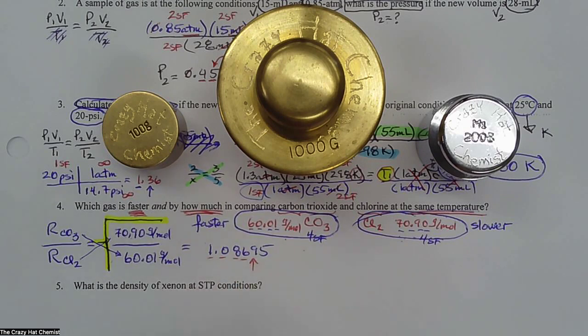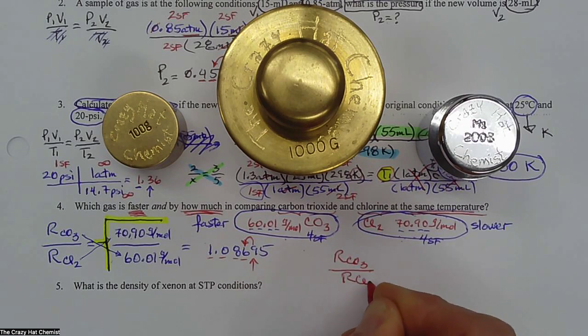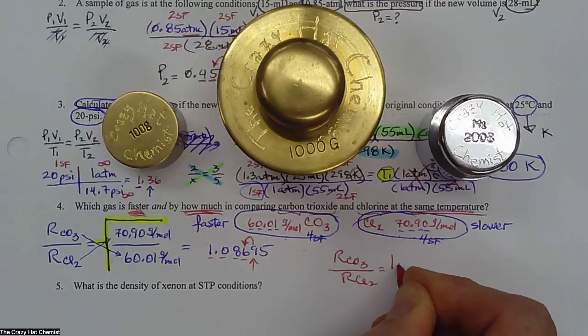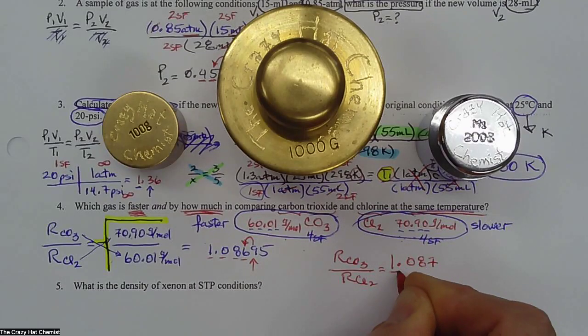I'm rounding with that 9. That's 5 or greater, so I'm going to add 1 to the preceding digit. I'm going to write this down to make sure that this makes sense. Rate of carbon trioxide over the rate of chlorine is equal to 1.087 divided by what?